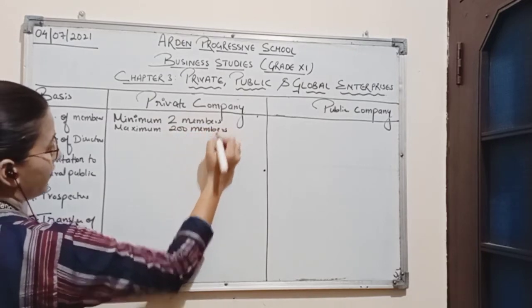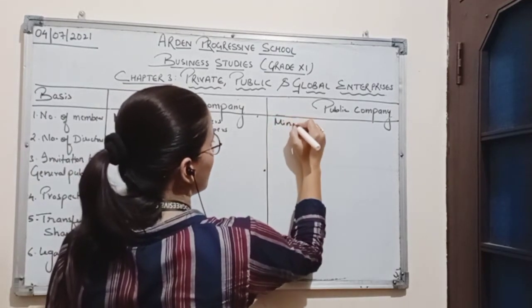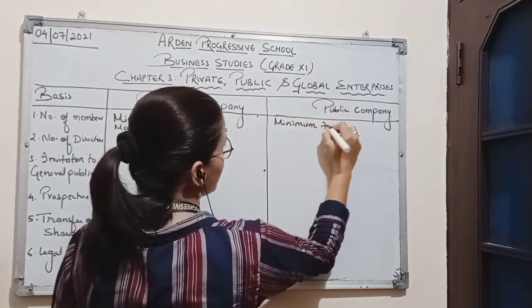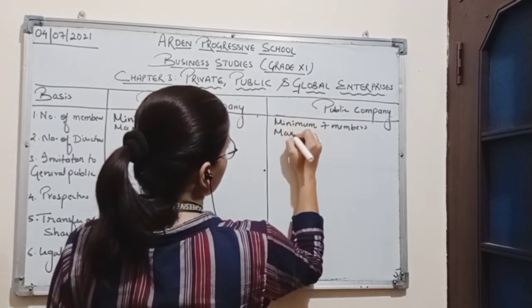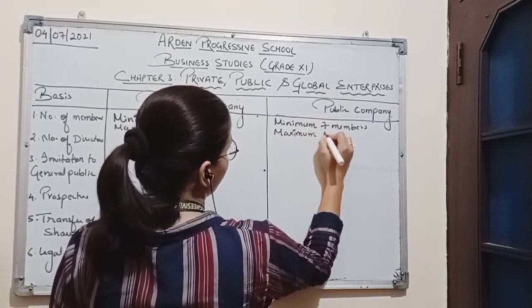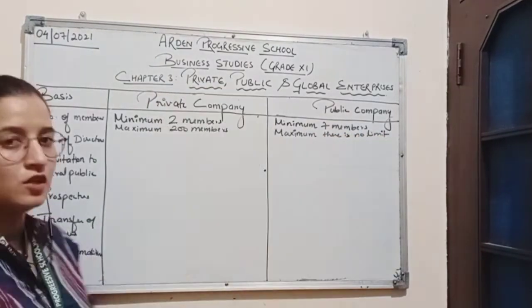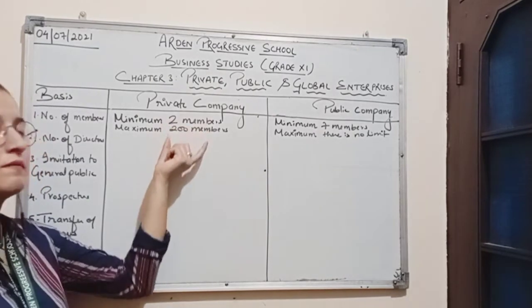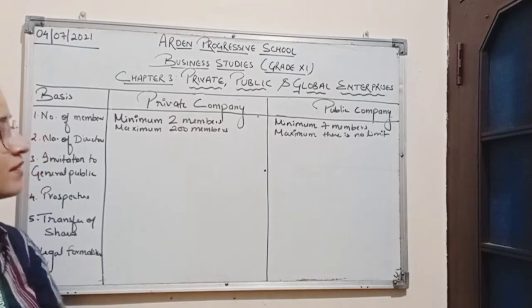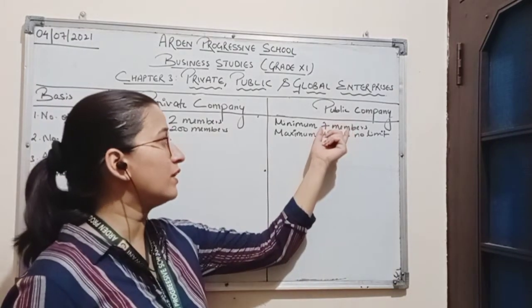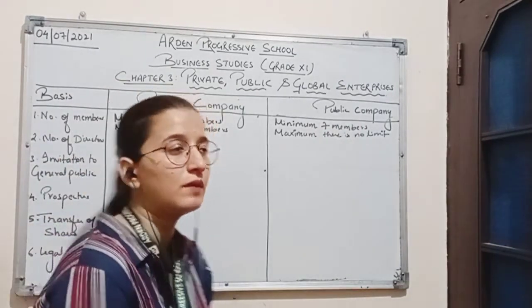Whereas in a public company, minimum 7 members are required and maximum there is no limit. So the first difference is that minimum 2 members are required to form a private company and maximum there can be 200 members, whereas in a public company only 7 members are required to form and maximum there is no limit.